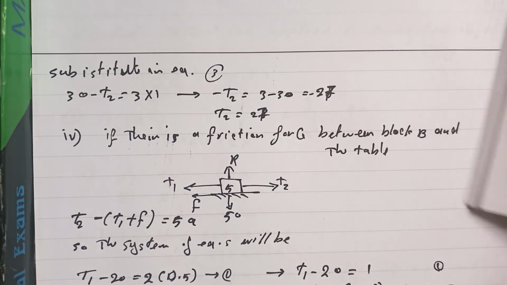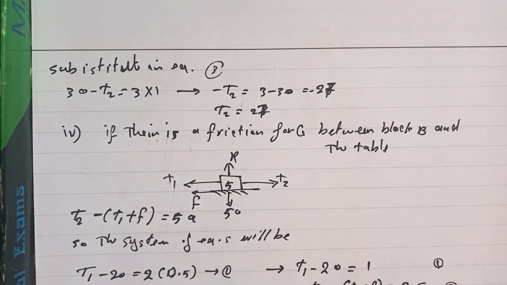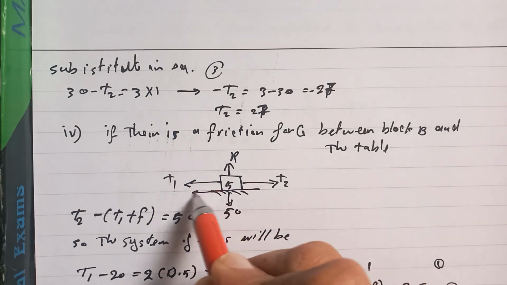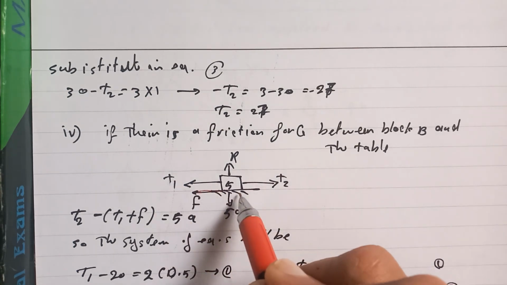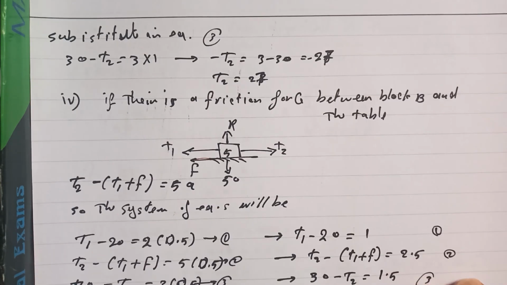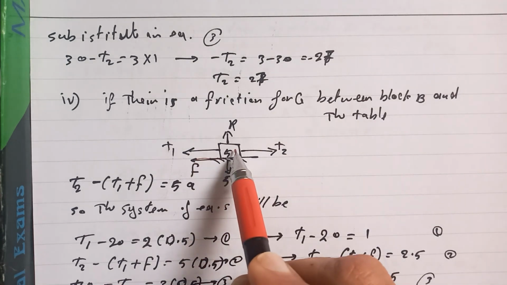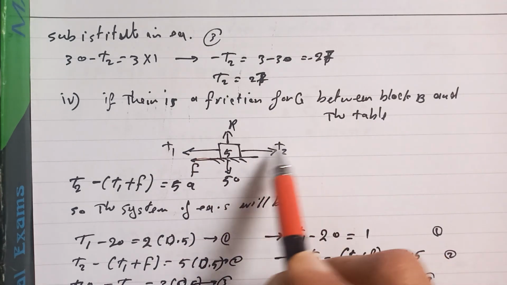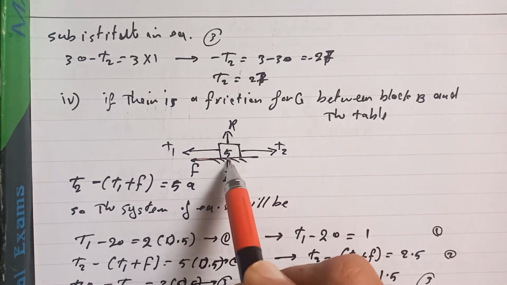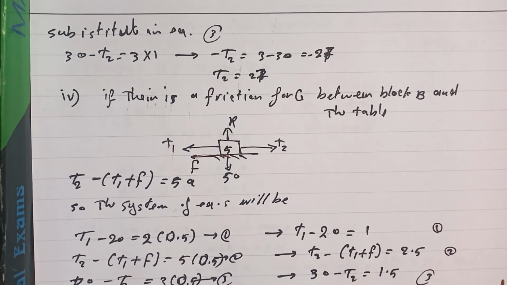If we make another force diagram for the metal block, you will include a friction force because there is a friction force now between the table and the block. I'll call it F. Since the T2 will drag the block to the right, the F will work against the T2, means it will work to the left.